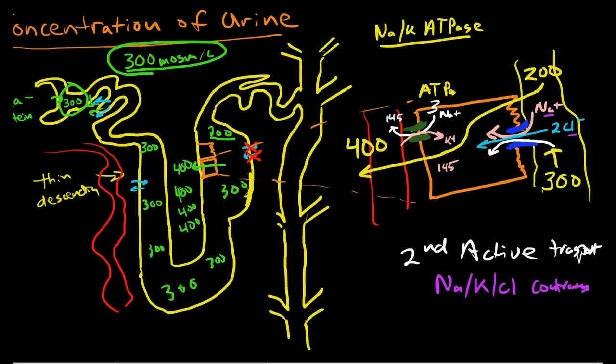Now, these solutes cannot cross into here because the descending loop is impermeable to solutes, and water cannot cross out at the ascending loop because the ascending loop is impermeable to water.